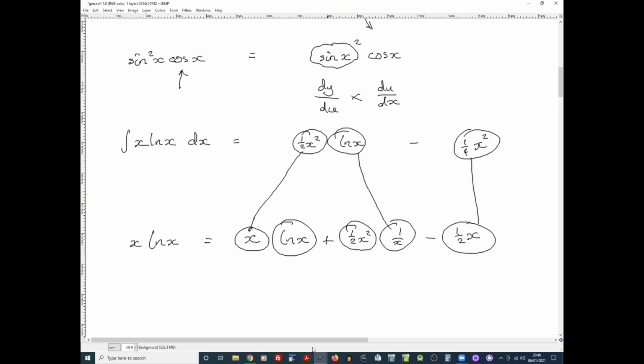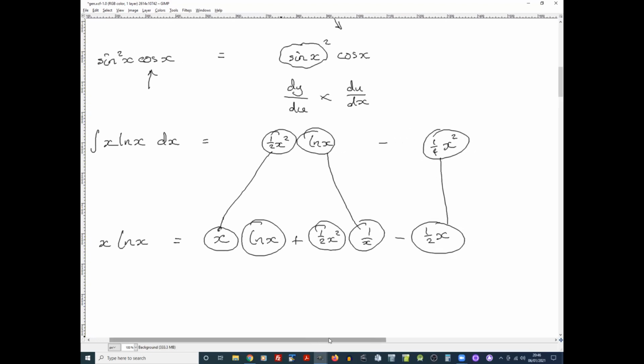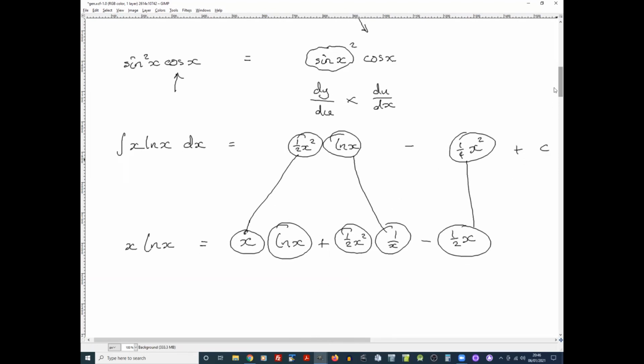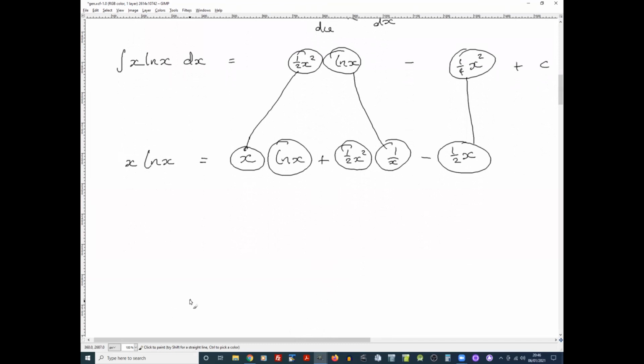So the integral of x log x is just all of that plus c, which is a nice example of integration by parts where you can see the whole thing. And incidentally, one to leave with you if you appreciate being left with a puzzle: what about the integral of log x?